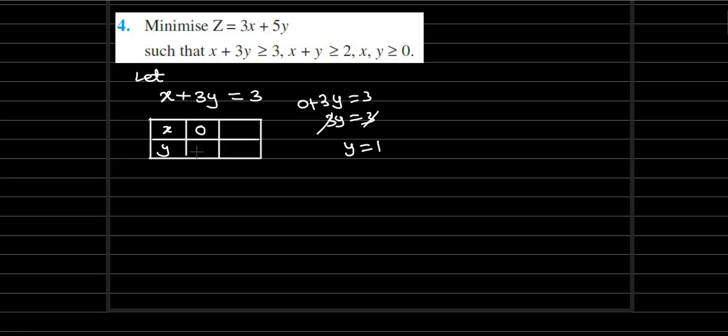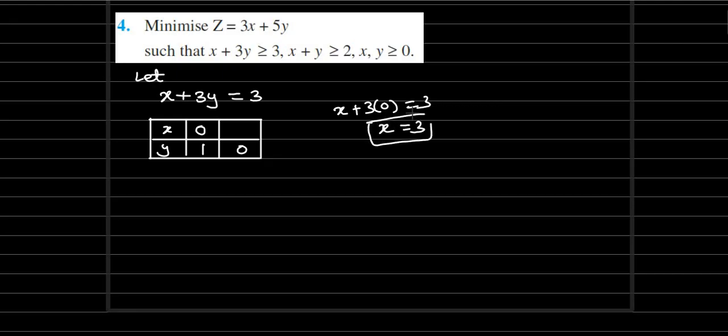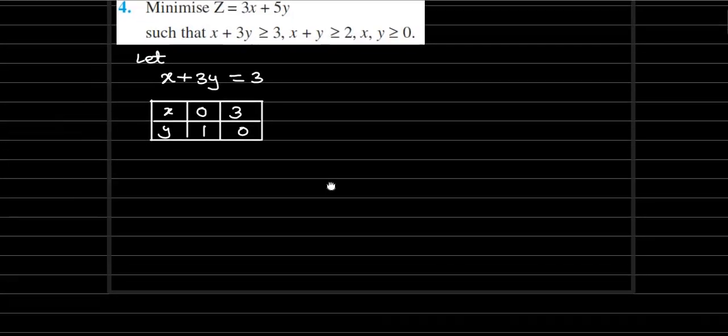If x takes 0, the corresponding value of y is 1. Now if y takes 0, then the corresponding x value will be 3. These 2 points are enough to draw the line of x plus 3y equal to 3 in the graph. So let's plot it.